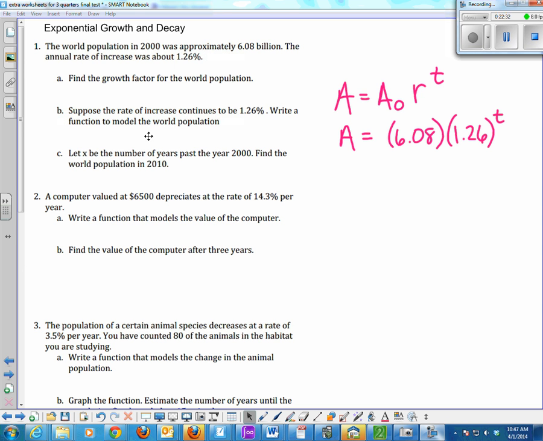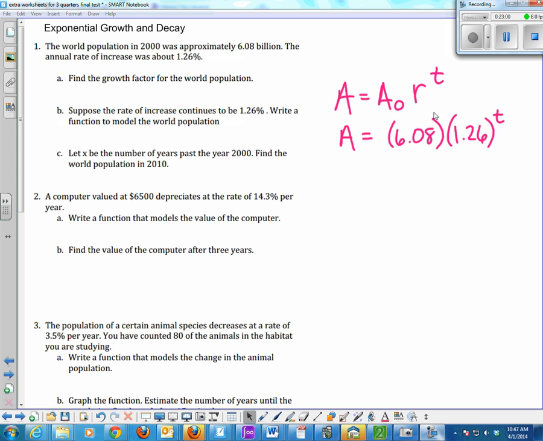Write a model is write an equation, so this would be your example or your answer for part B. Part C says let x be the number of years past the year 2000, so we would want to change this t to an x, I suppose, and then find the world population in 2010. So that would mean 10 years past 2000, you'd be putting in 10 here for the exponent and solving that.